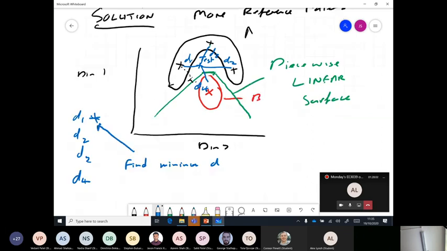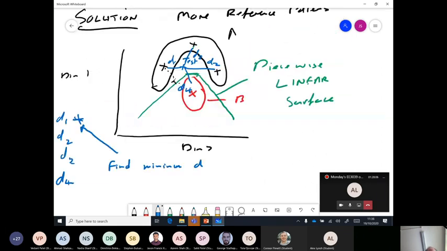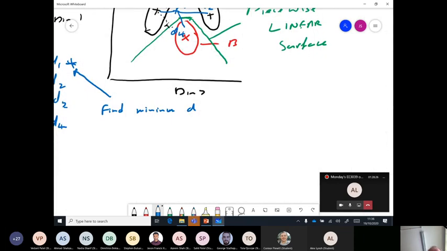But in practice, we can't test for linear separability. We've got data. Imagine these are 10, 15 dimensions. Instead of finding the average pattern, which might average out and give a linear surface, which will not solve the problem, we want a piecewise surface. We need more reference patterns.